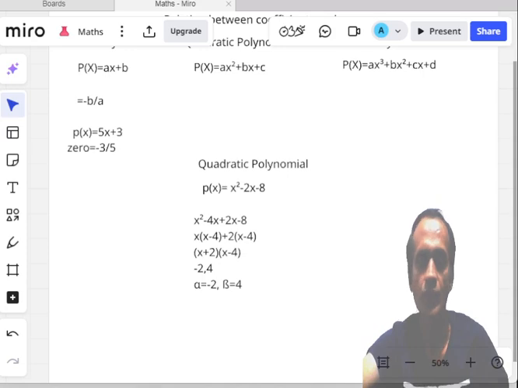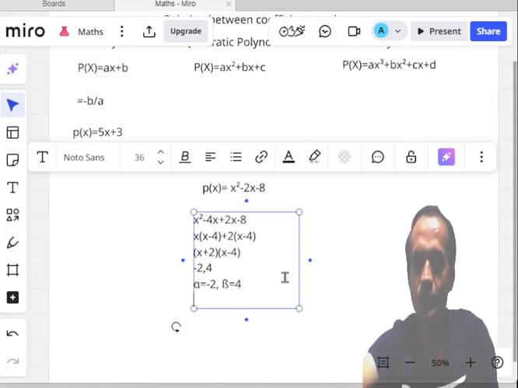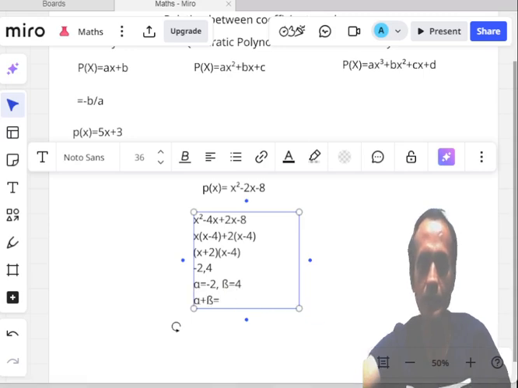So now we have found the zeros. The two zeros are minus 2 and 4. So I have written by symbol alpha is equal to minus 2, that is the first zero, beta is equal to 4, that is the second zero. So now let us see what value we find if we add alpha and beta.